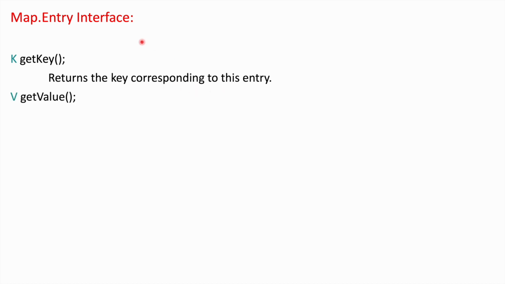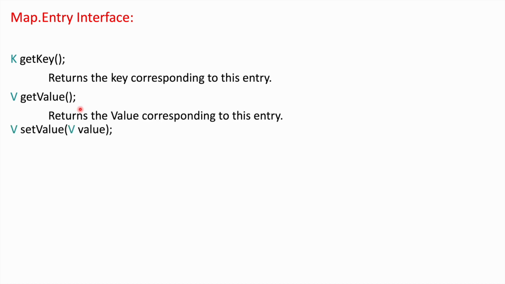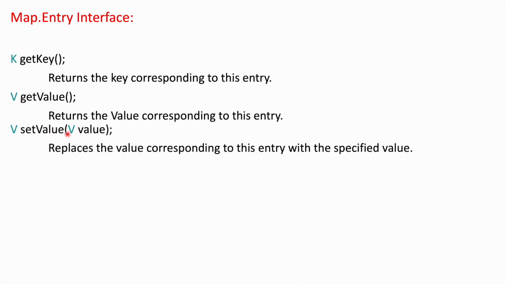Another method of this entry interface is getValue. If you want to get the value of that entry object, we will use this getValue method. It returns the value corresponding to this entry. And the next method is setValue. If you want to replace the corresponding entry value, that time we will use the setValue method.